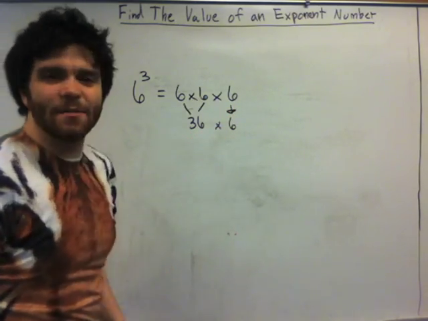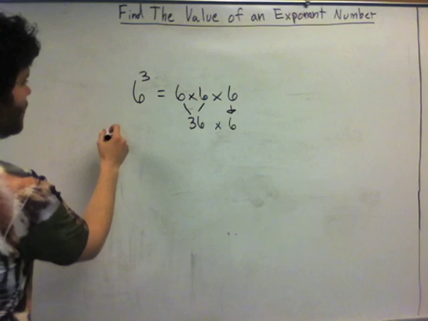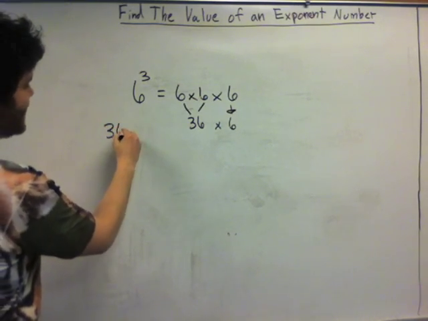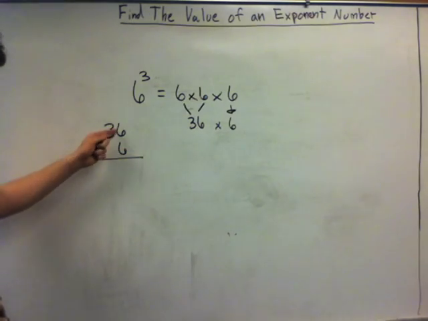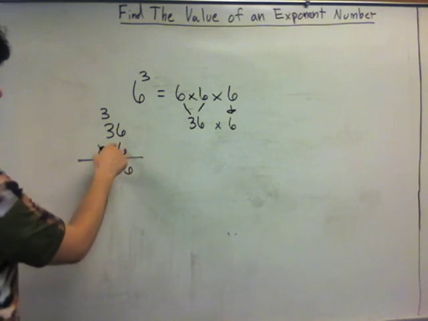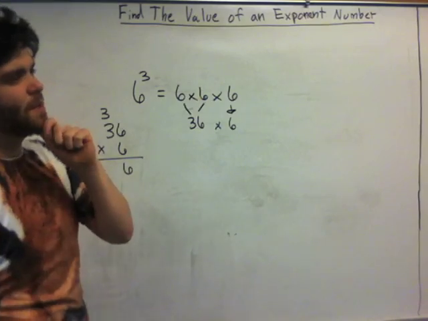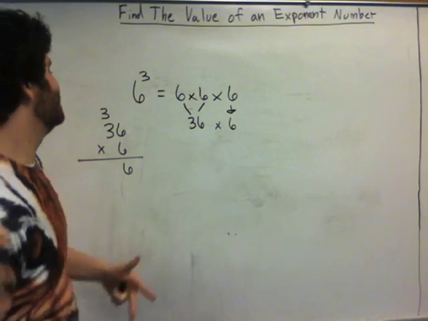Now 36 times 6, I'm going to have to do this on my scratch paper, which I'm going to keep over here. 36 times 6. Well, we know that 6 times 6 is 36. And we know that 6 times 3, well, 6 plus 6 is 12, plus 6 is 18.